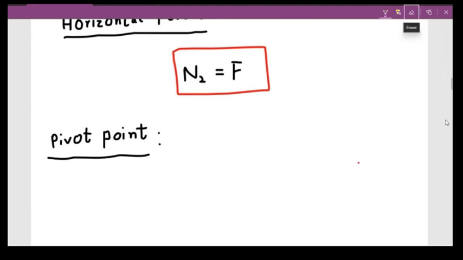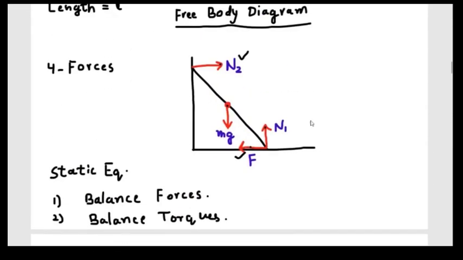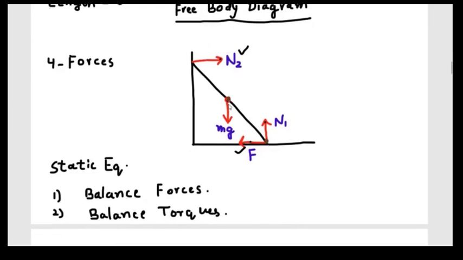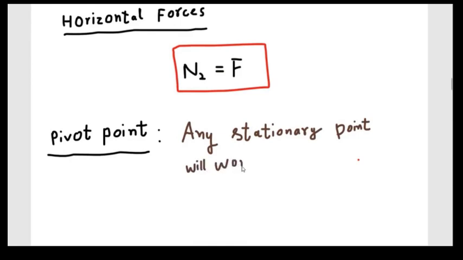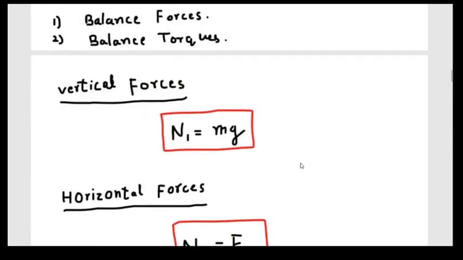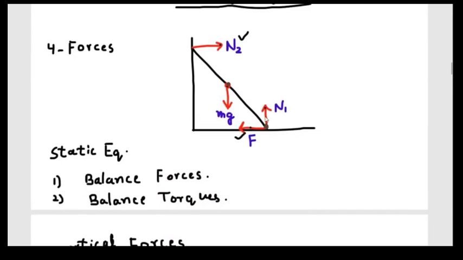You can choose any point in this problem, but you have to remember that the point must be a stationary point. Any stationary point will work fine. In this problem, I am choosing this as my pivot point.